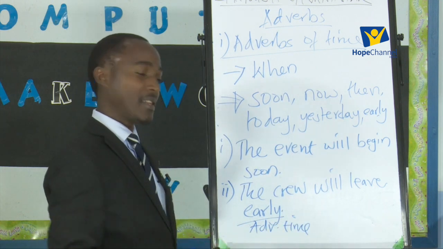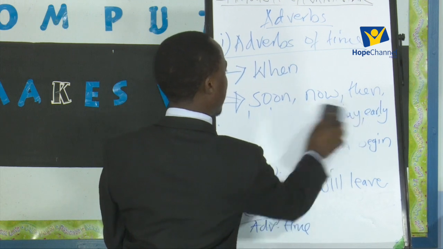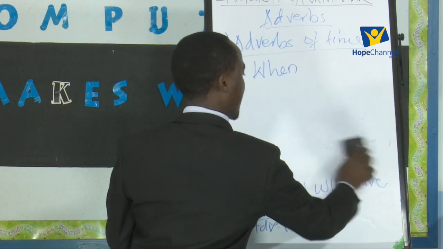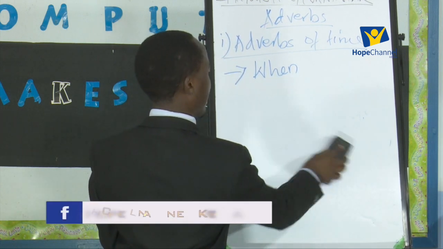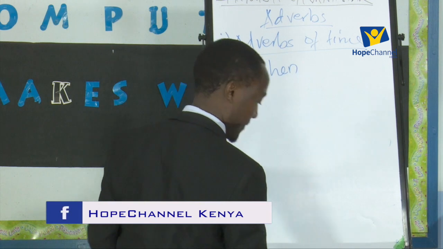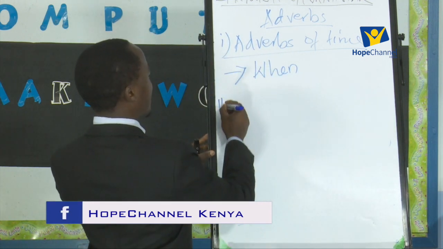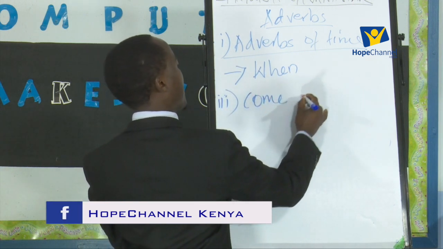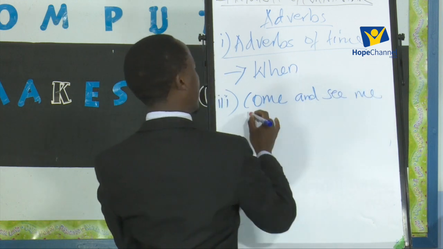We can look at one more example in a sentence so that we get a deeper understanding. This is our third example in a sentence: come and see me later.